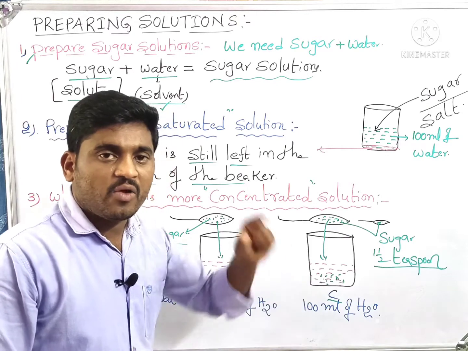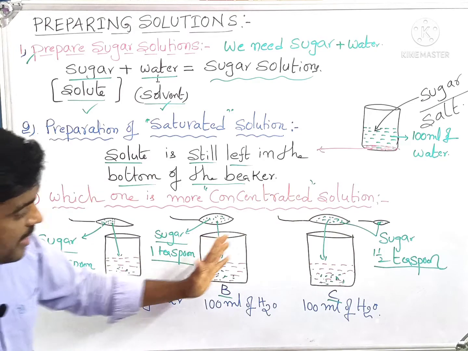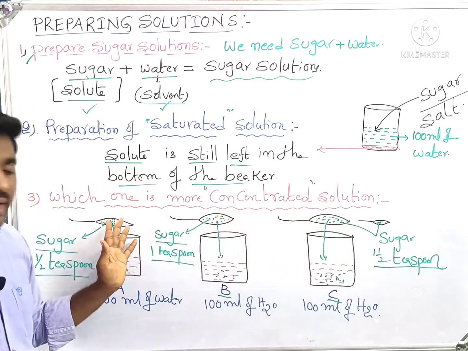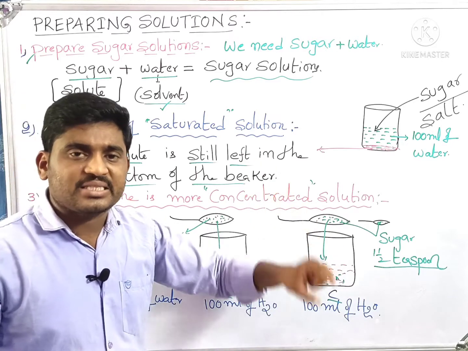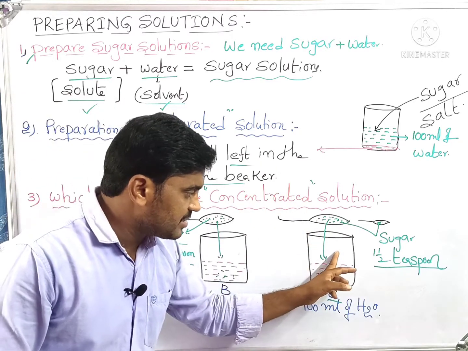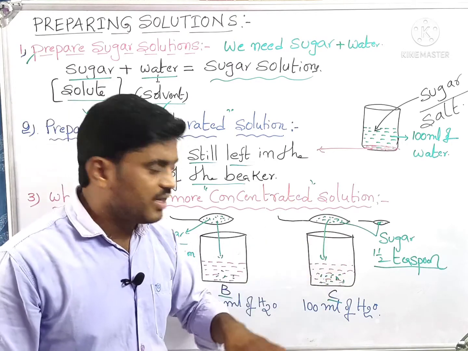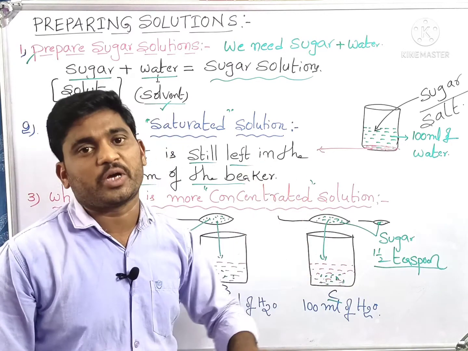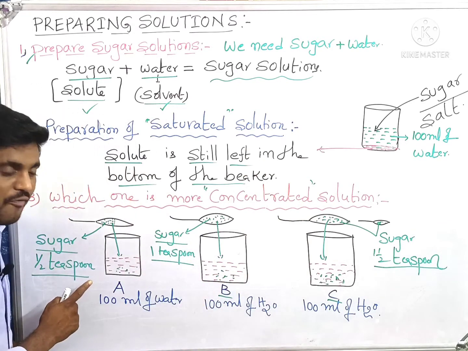Then in the third beaker I take 1.5 teaspoon sugar. So here compare the three beakers. Sugar solution is present in high concentration in the third beaker. Why? Because inside the beaker I take 1.5 teaspoon sugar. Here only 1 teaspoon. Here only half teaspoon.